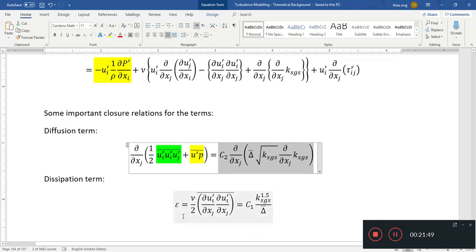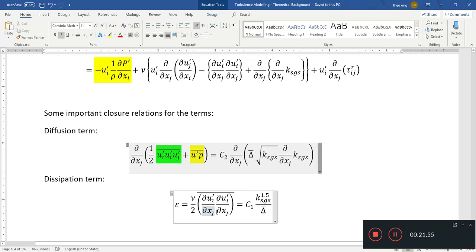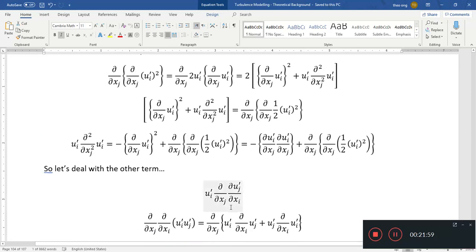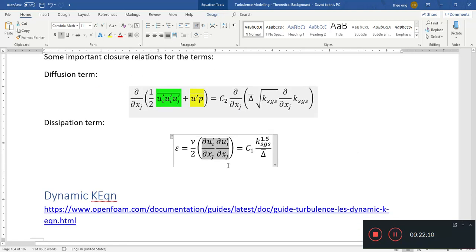Now then you have this other closure relation over here. I hope I didn't mess up too many of the correlations. I may have been off by a factor of 2 or what have you.